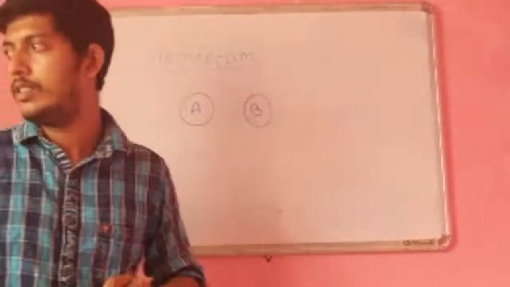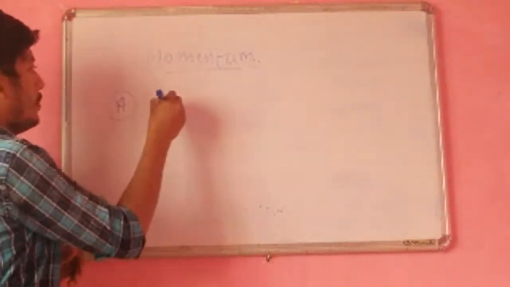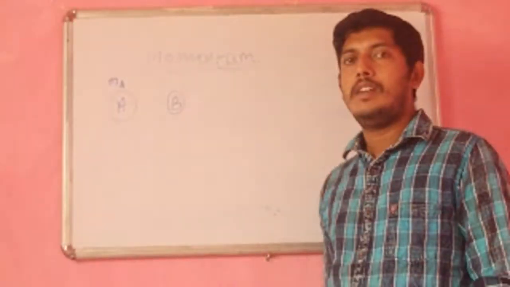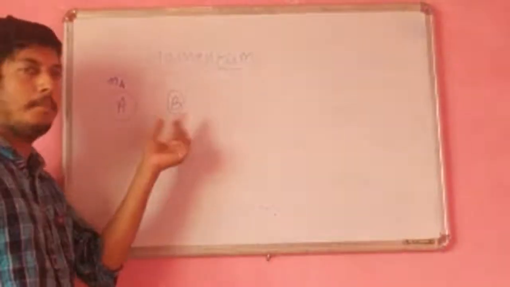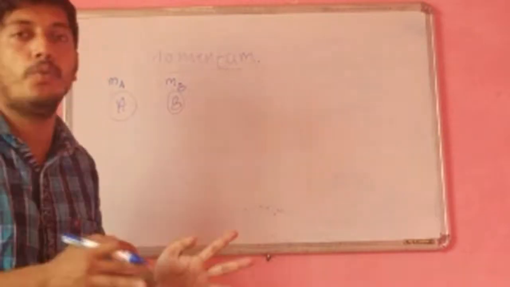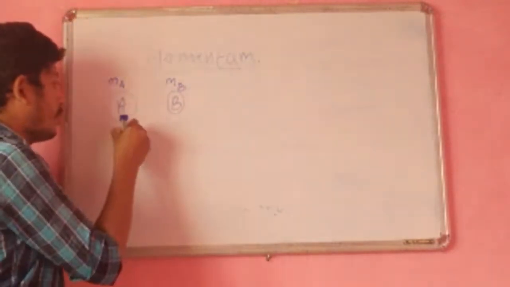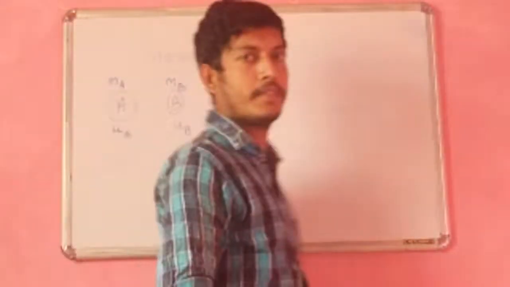So first, I will draw a little. I will consider this as object A and this as object B, and the mass of object A is m with subscript A. So mA means the mass of object A. Then mB is the mass of object B. Initially they are moving in a particular direction, or in the opposite direction, with velocities uA and uB.